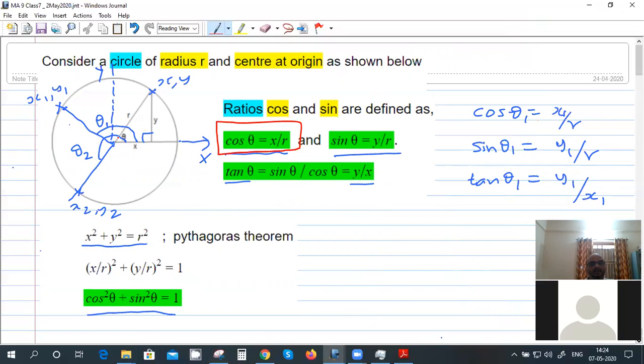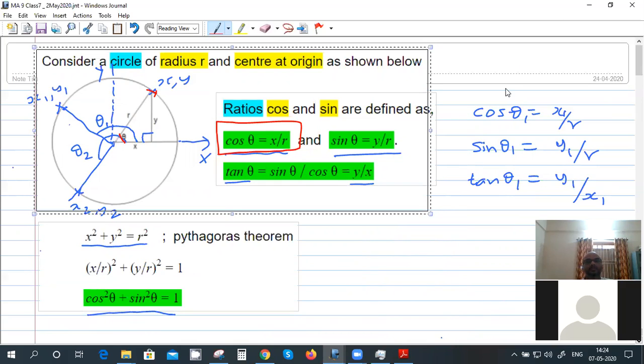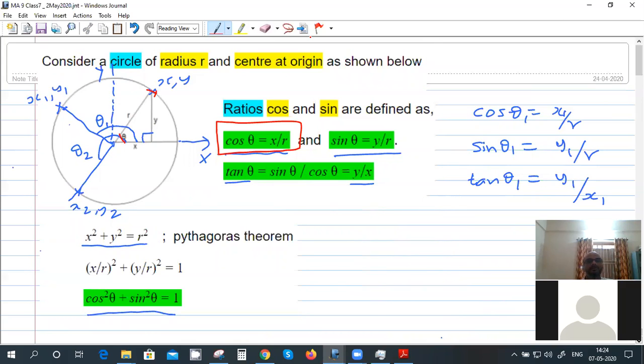This is the xy coordinate system, and this is the point here, x comma y. And it's making angle theta with the line joining the origin and the point xy. And it's a circle of radius r. So is this definition clear of cos and sine?